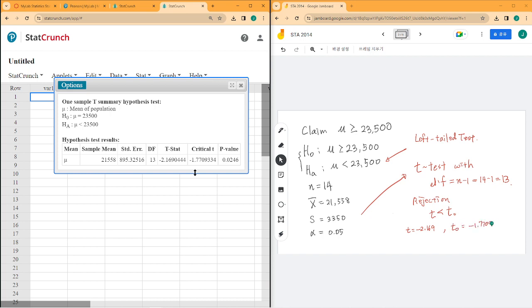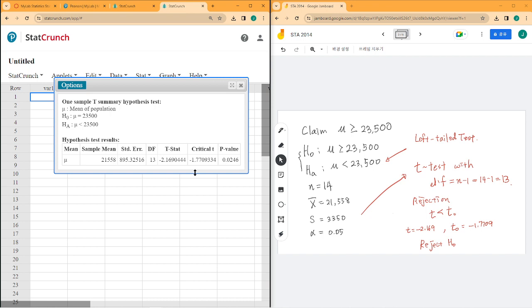So it belongs to the rejection region, so we reject the null. So their claim that the mean price is at least $23,500 is rejected according to the data we have.